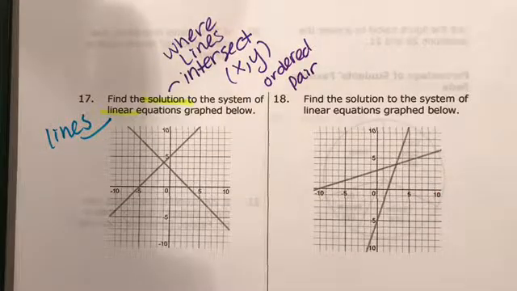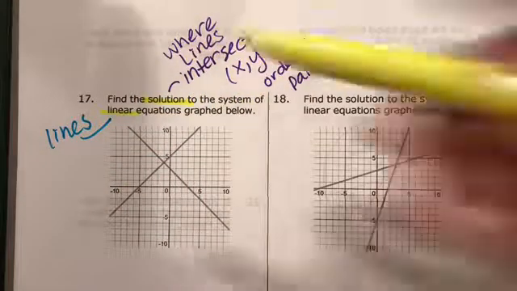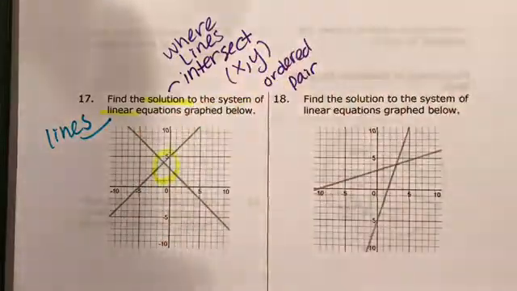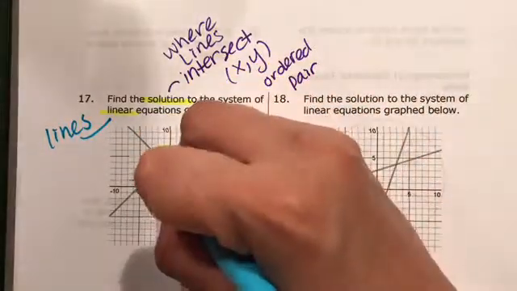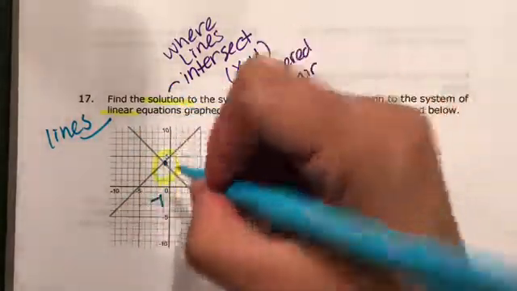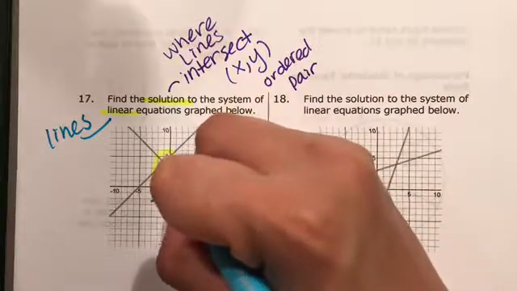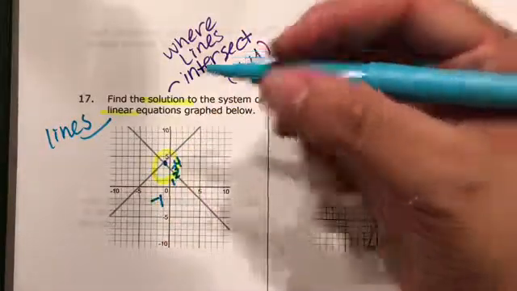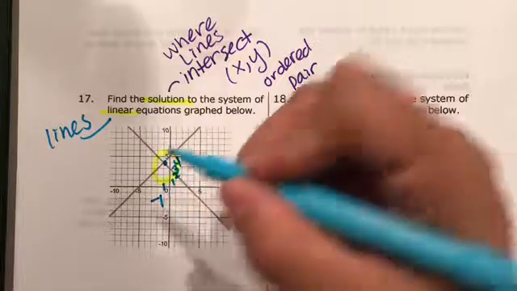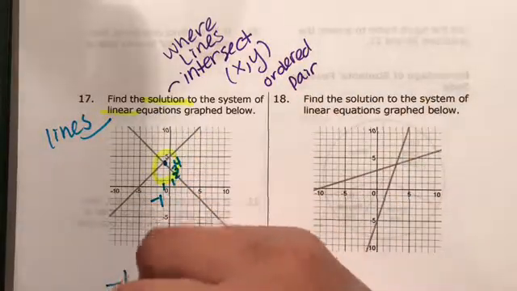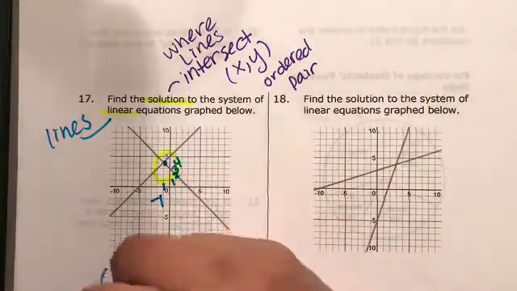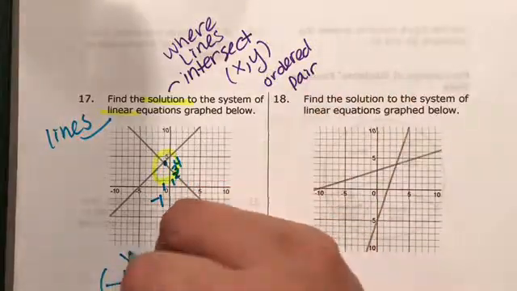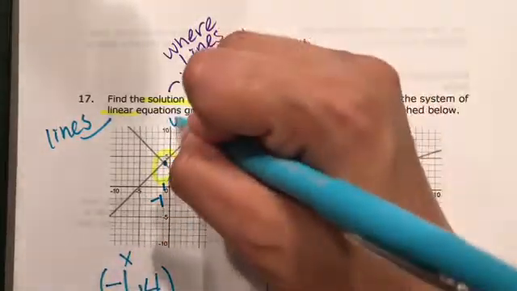So the lines intersect right here. It's going to be that little dot. So it's going to be -1, 1, 2, 3, 4. So the point of intersection is going to be -1, 4. Remember, we go x-axis and then y-axis.